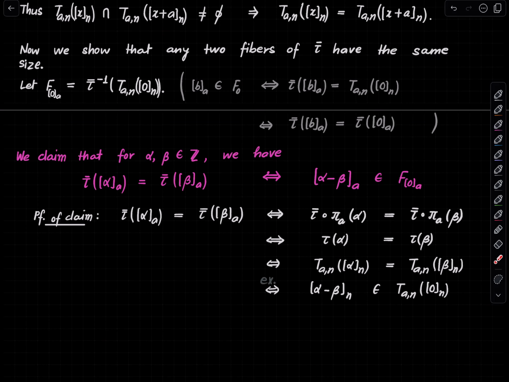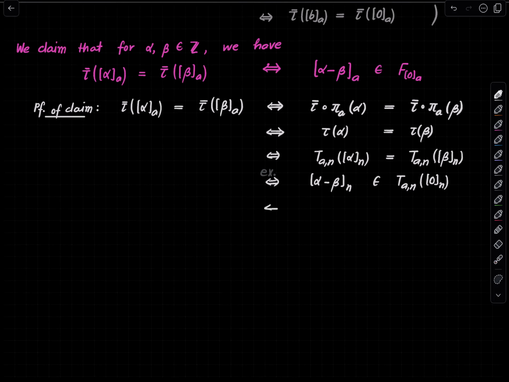Which is equivalent to saying that the trajectory of alpha minus beta modulo n is equal to the trajectory of 0 modulo n. This means that the trajectory of this guy intersects the trajectory of that guy. But if two trajectories intersect, they are equal. So this is in fact an if and only if, of course.